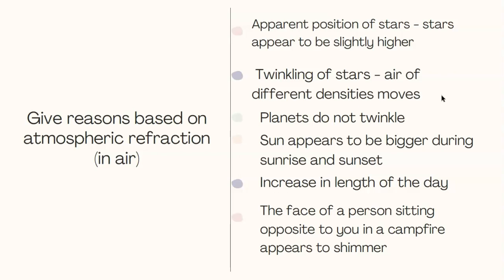And again, the air never remains steady. It keeps on intermingling. The different densities of air keep on intermingling. And the fire light keeps on moving through these different densities of air, due to which refraction takes place again and again, and we get a perception that the face of the person sitting opposite to you is glittering or slightly shimmery.